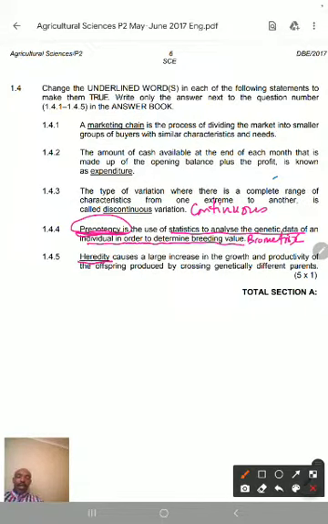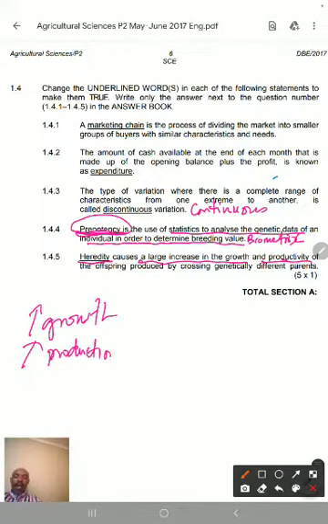And then this one, it causes a large increase in growth and productivity. So it means greater, faster growth, if we can say so, and faster productivity.